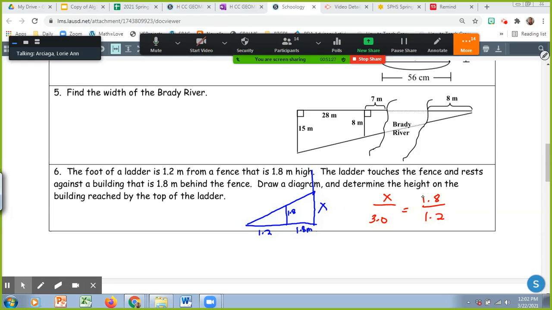So that's how you're going to set up your proportion. Then you cross multiply to find x. X is not the height of the building. Oh, where did you get 3.0? I added 1.8 and 1.2.